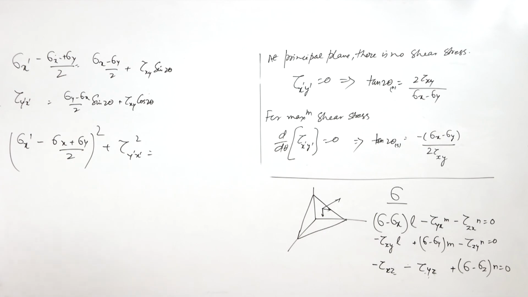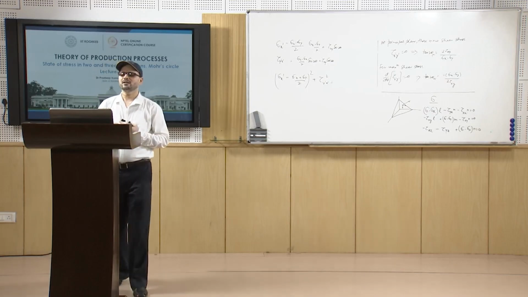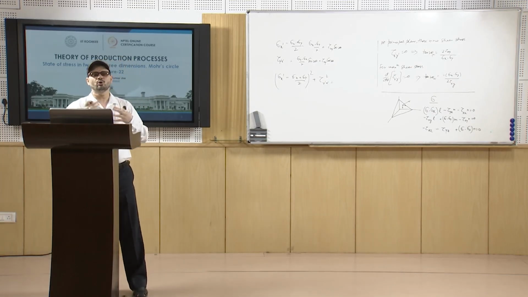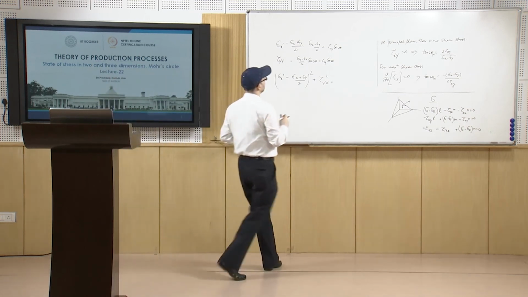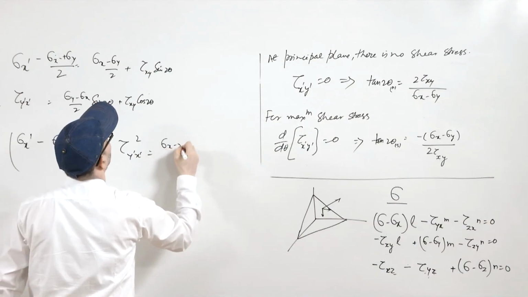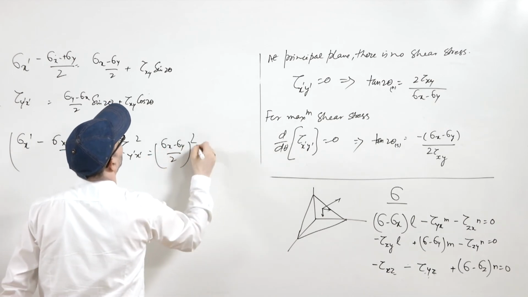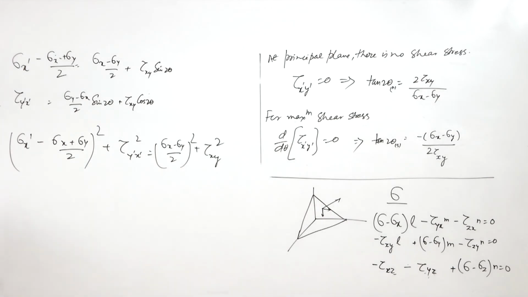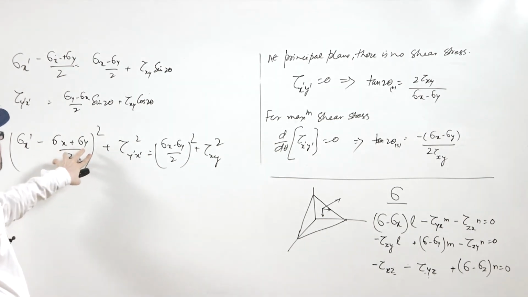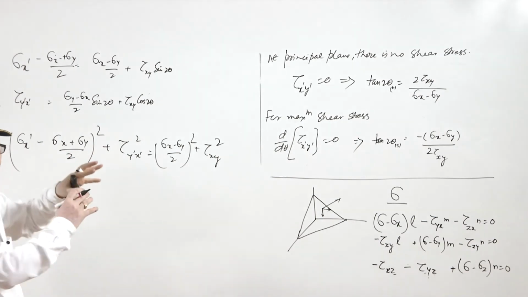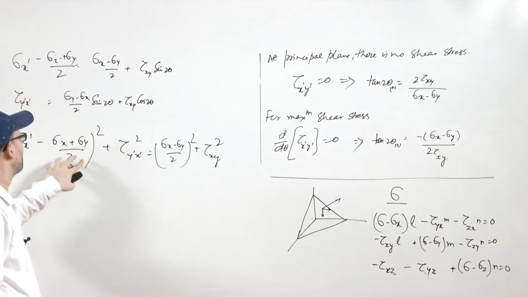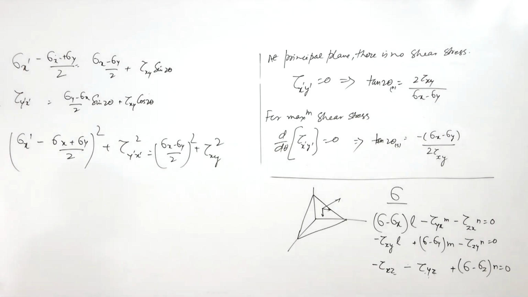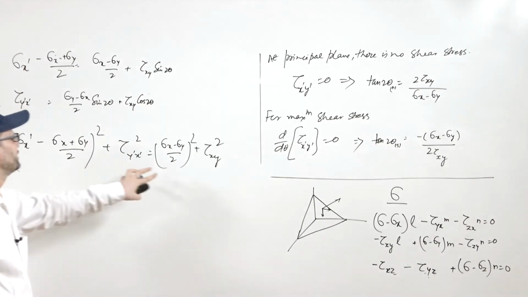On the opposite side, you get sigma x minus sigma y by 2 whole square plus tau xy square. So this is what you get. Now, this is the equation of a circle with the center at sigma x plus sigma y by 2 and 0. So the center is shifted a distance sigma x plus sigma y by 2 to the right of the origin, and this is the radius.